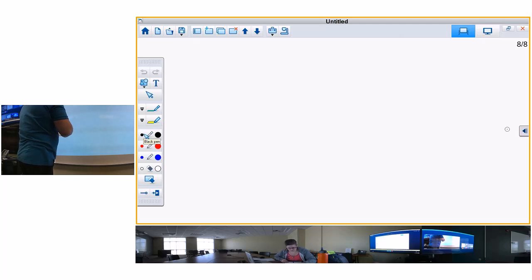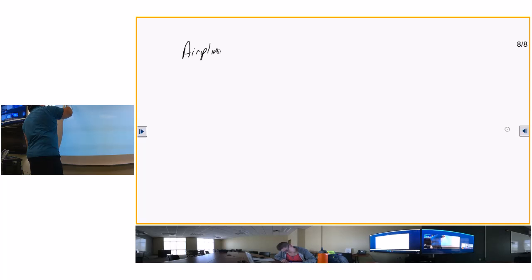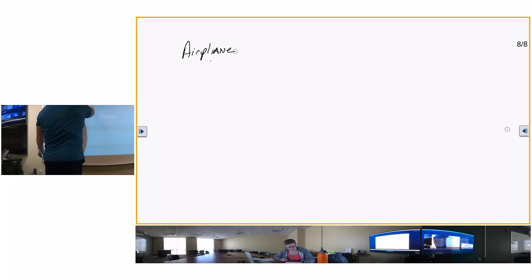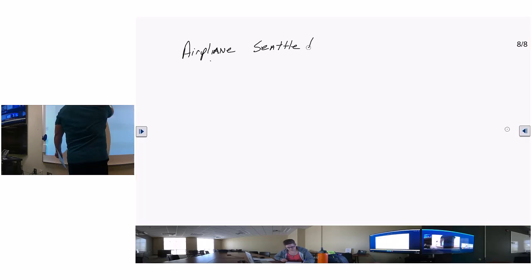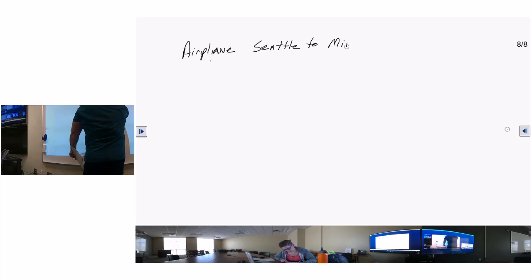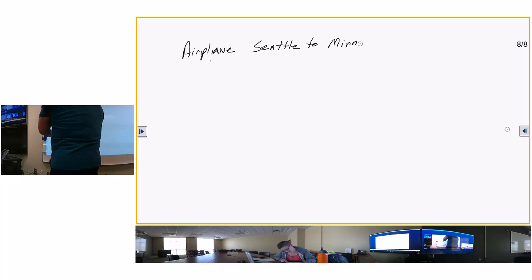Following figure shows the position function of an airliner. Okay, airplane from Seattle to Minneapolis, and I'm not even going to try to spell Minneapolis.